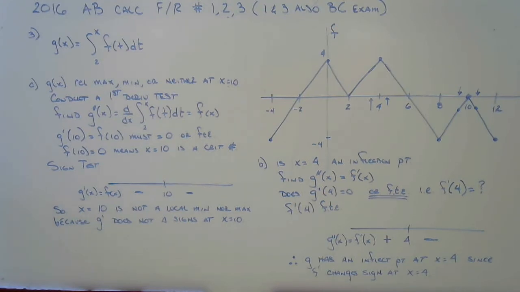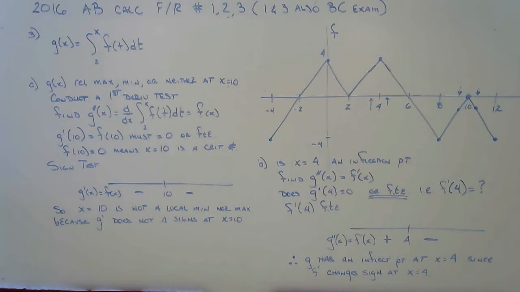Justify your answers. All right, they want us to find the absolute min and the absolute max. So how do I find the absolute min and the absolute max? First, I have to find the critical numbers. I test the critical numbers and the endpoints.